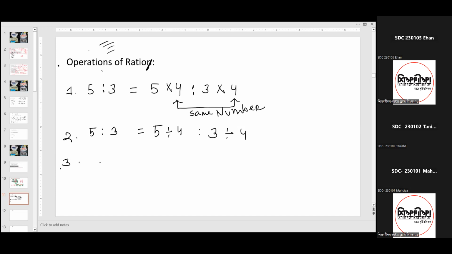Number 3, let's see how multiplying by the same number can help us once it is actually a fraction. If we have a ratio of 2 fractions, and maybe we are asked to find the ratio, it's very simple: if we multiply by 7 and by 7, we can cancel them.